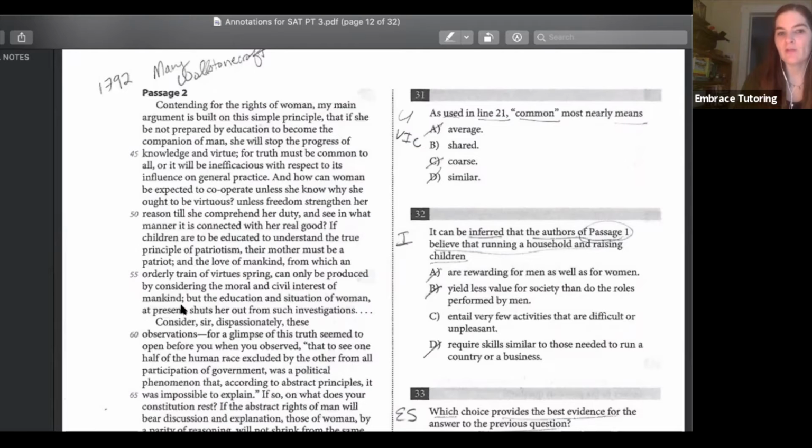But Mary Wollstonecraft lived in a patriarchal society, so women were seen as subservient to men at that point.